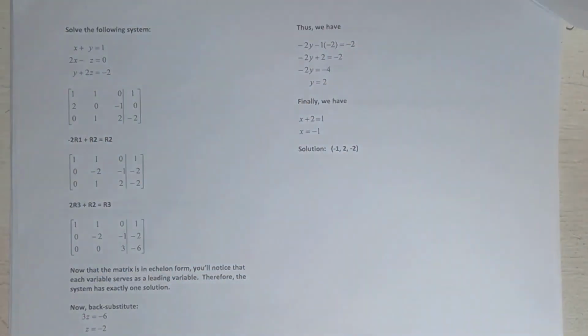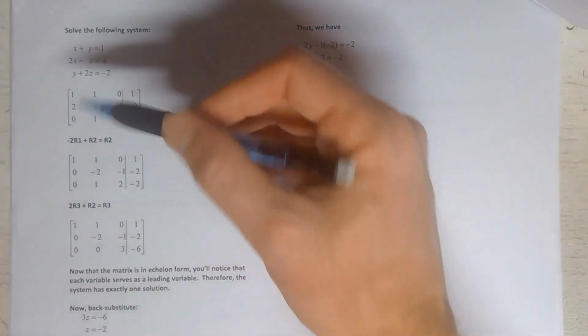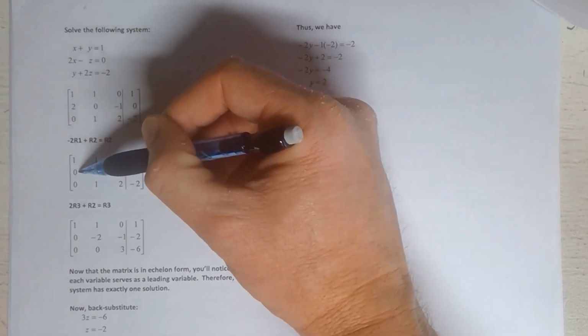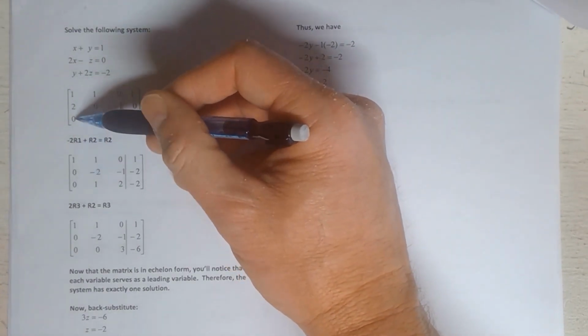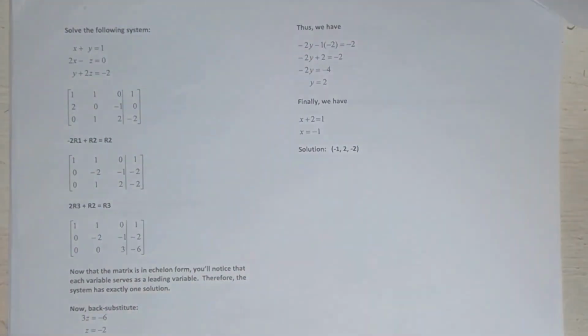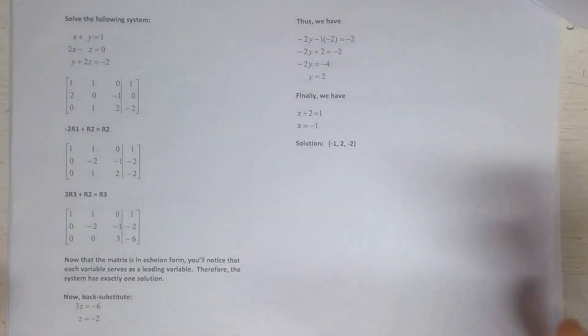Other than that, it's pretty much going to follow the same process that the other equations have. In fact, you don't even need to do the step here. See how I changed the 2 into a 0 right there? You don't need to change this one into a 0 because it already is a 0. So it allows you to skip a step there because it was already done. So that's nice.